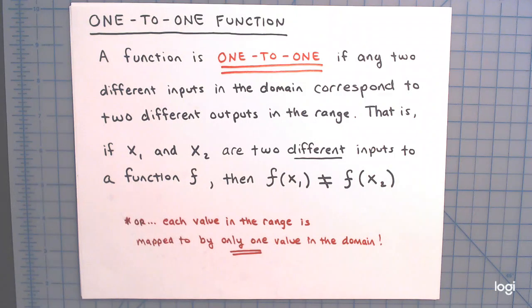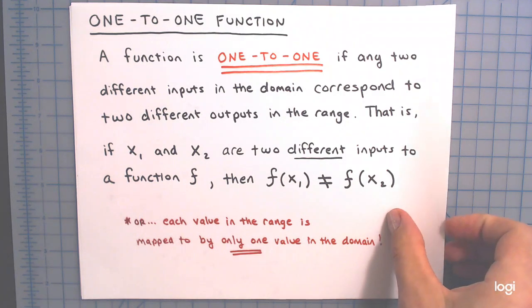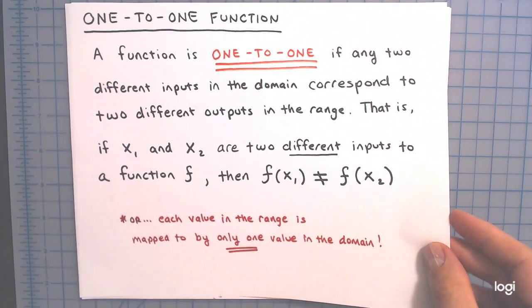You're not going to see any repeated y values, or any repeated values in the range. All right, so it's still a function, but one-to-one. So noting this definition, and I'll come back to it.